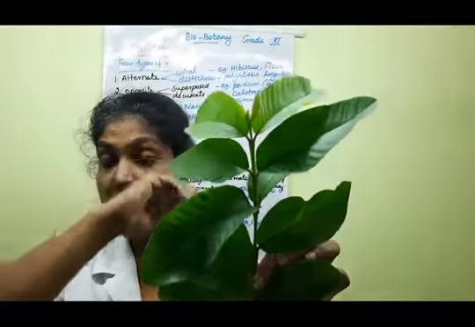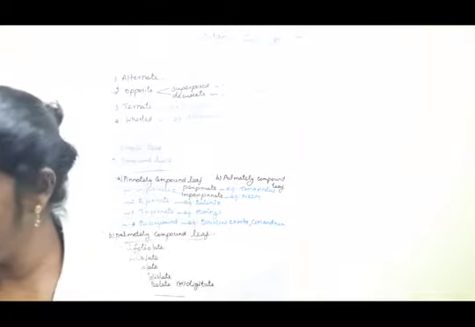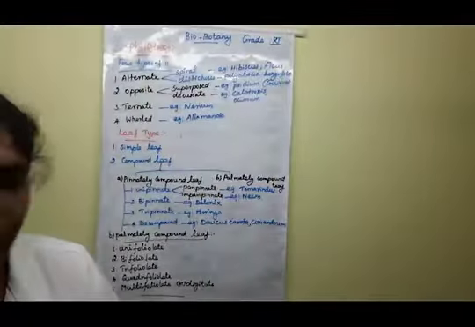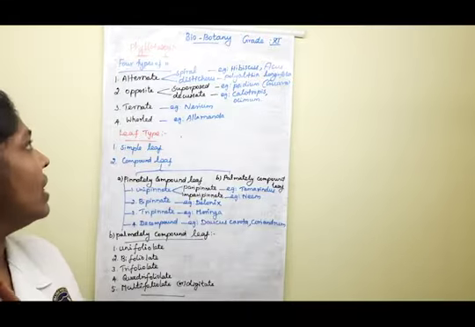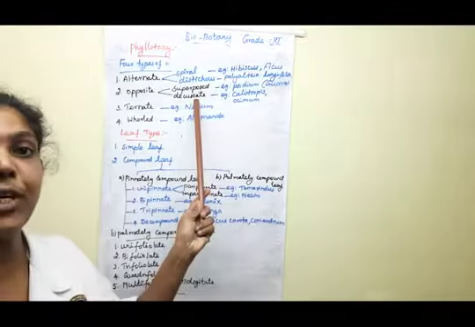Then this opposite phyllotaxy also comes under two types, children. What are the two types of opposite phyllotaxy? All of you listen. The first one is superposed and the other one is decussate.